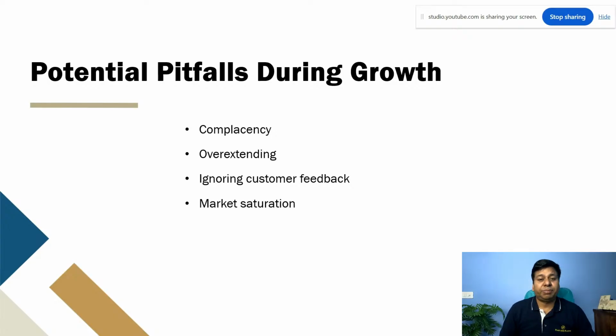And another pitfall is market saturation. We are not aware, and then we realize that the market is saturated. We have created a product which is applicable to a particular geographic location, and the product life cycle is 10 years. Just giving a hypothetical example.